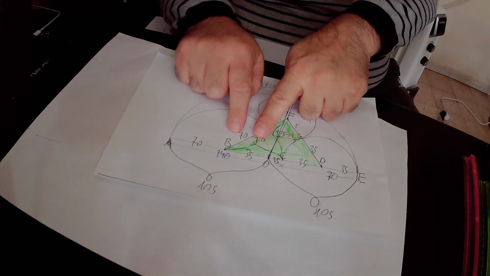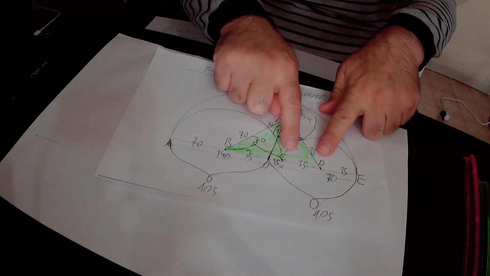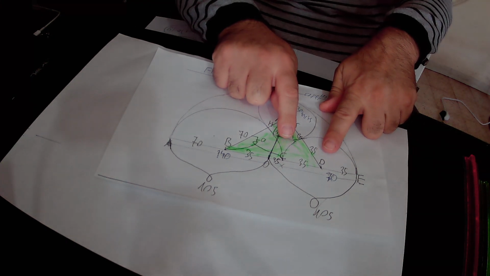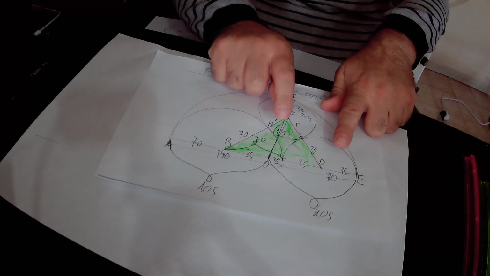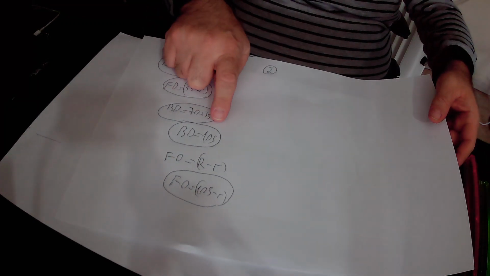The radius of this semicircle is 35 plus 35, that is 70. The radius of the smallest semicircle is 35 units. And the addition of the two radii with each other is 70 plus 35, that is 105 units. So here BD equals 105 units.